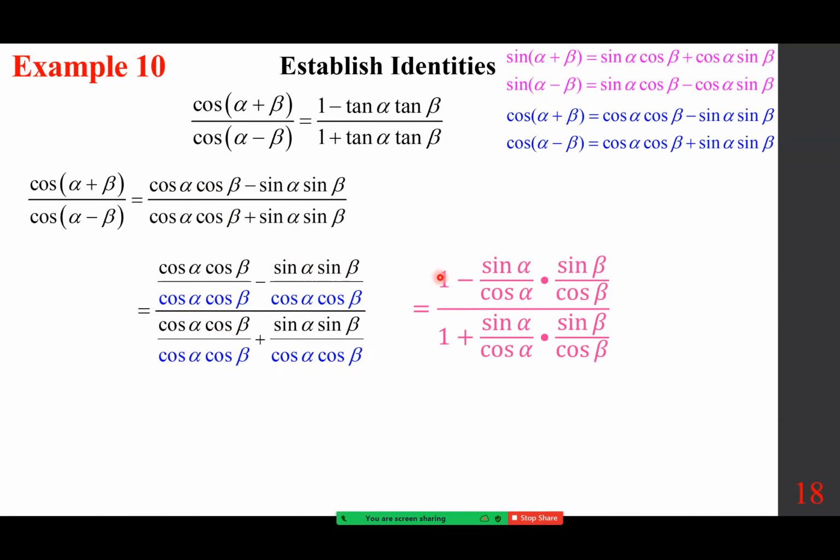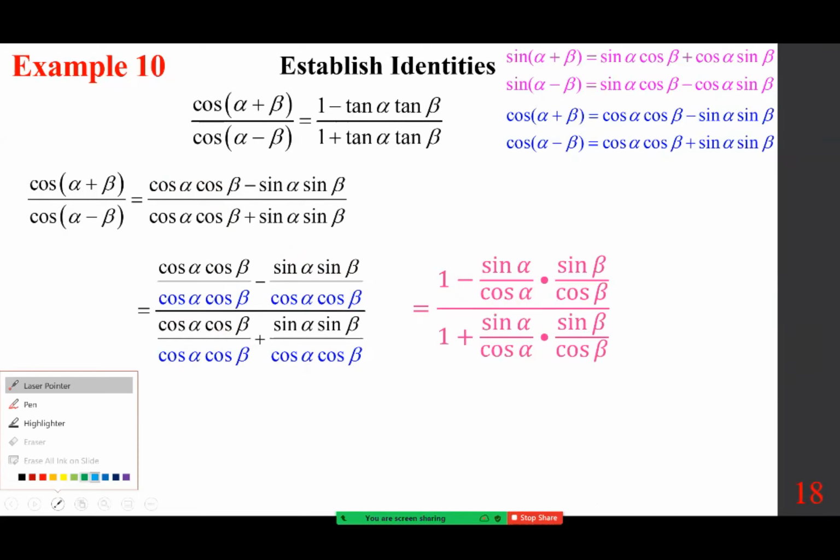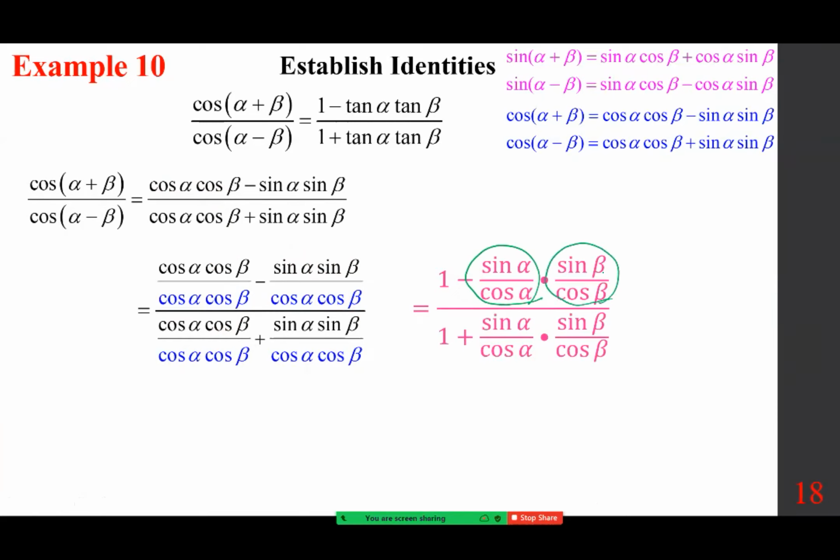So the first piece is 1. This one we write as sine over cosine. This one we write as sine over cosine. The same thing here. The reason we separate them is because this is tan of alpha. This is tan of beta. And we're done.